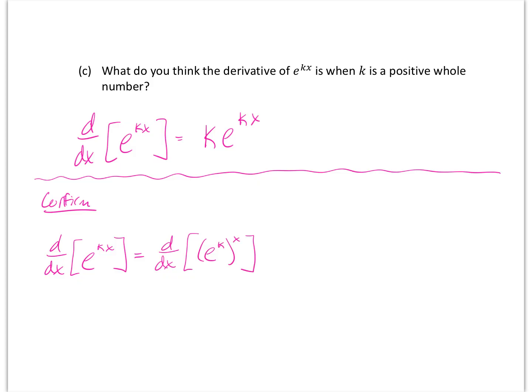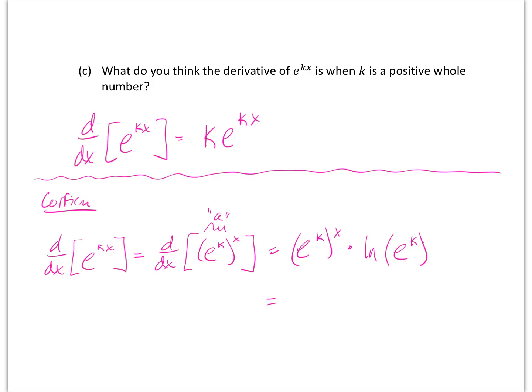And then e to the k is playing the role of a in the exponential derivative formula, right? The derivative of a to the x is a to the x times the ln of a. So the derivative of e to the k to the x would be e to the k to the x, that's a to the x, times the ln of a, and a in this case is e to the k.